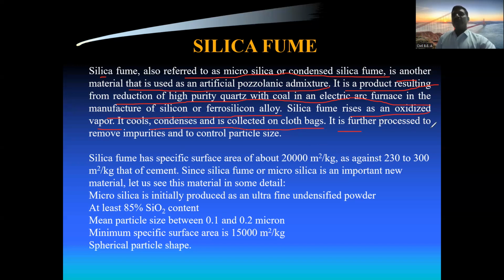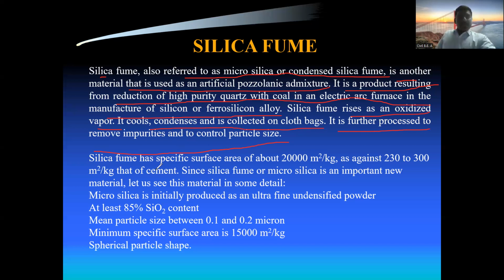It is then further processed to remove the impurities and control particle size. So silica fume is processed to remove the impurities present, and again we can control the particle size also.